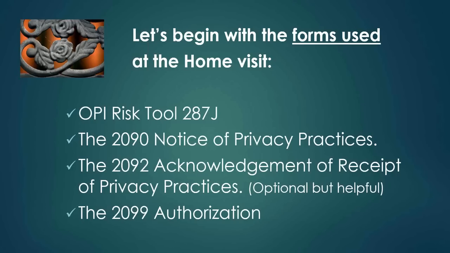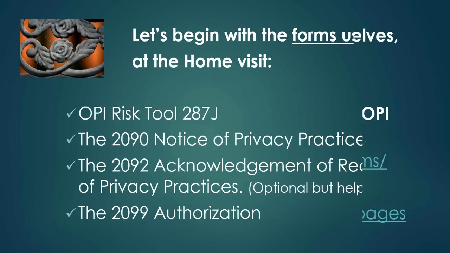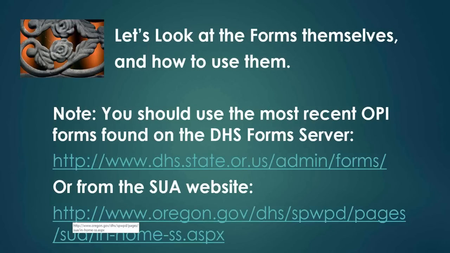Now, where do we get these forms that we've been talking about and will talk about? Well, you should use the most recent OPI forms, and you can find them on the DHS forms server. Many of you are familiar with that. Or you can get them directly from the State Unit on Aging website.